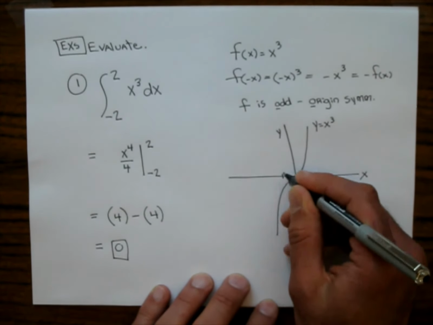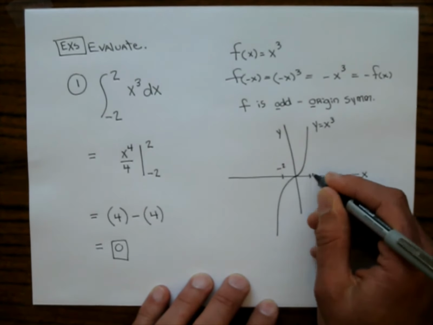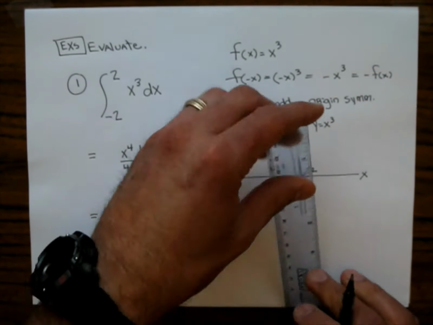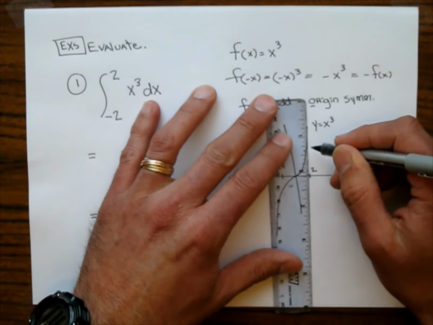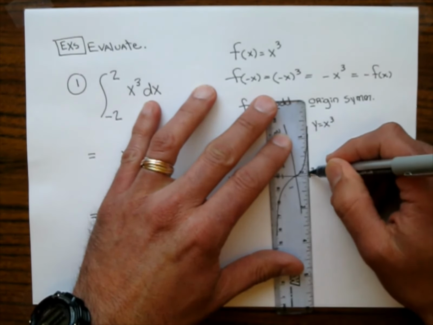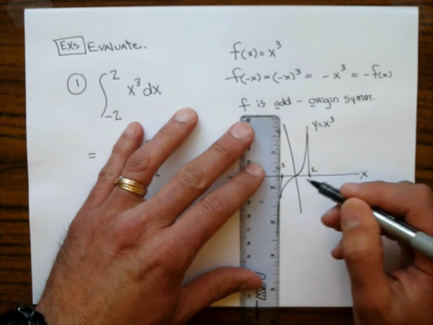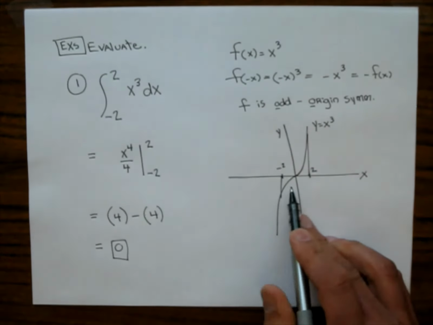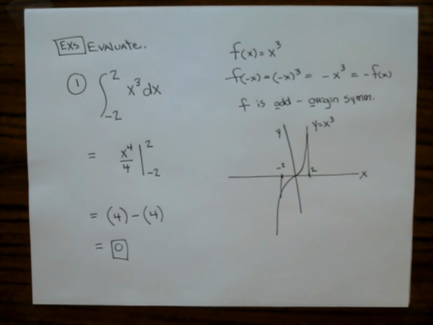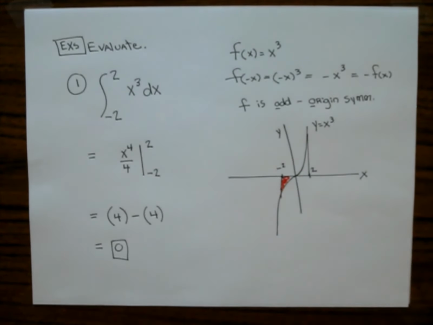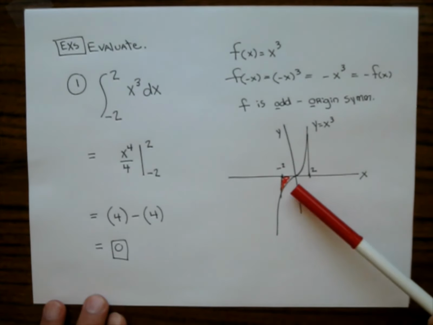We went from negative 2 to 2. And if you're looking at the net area, oh, my picture's not perfect, because that should actually be a little more symmetric. You'll see that that probably has an area of 4.